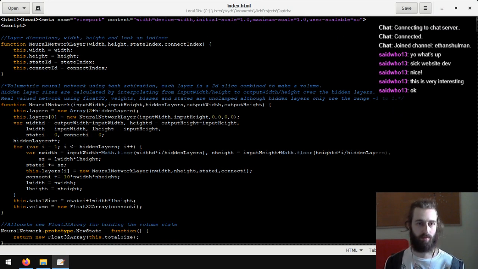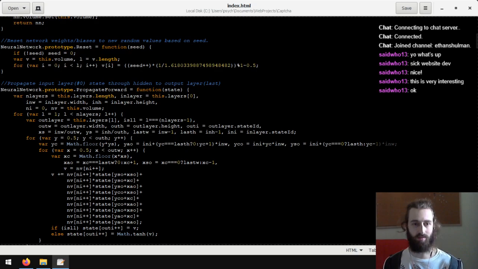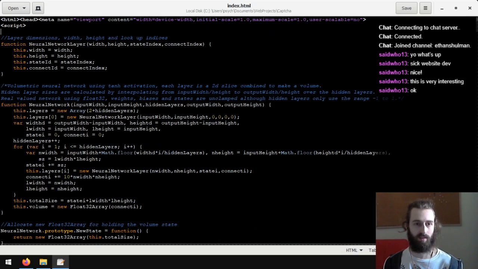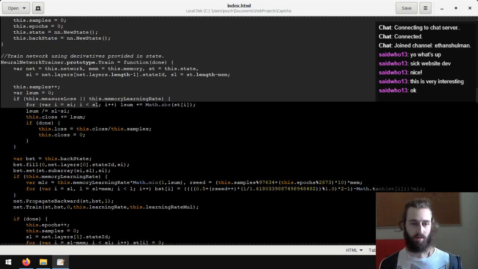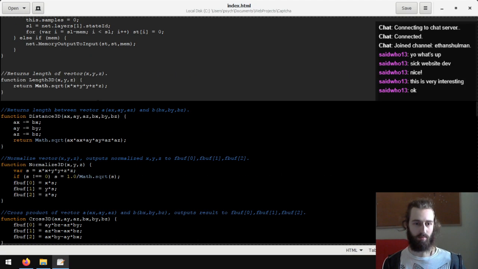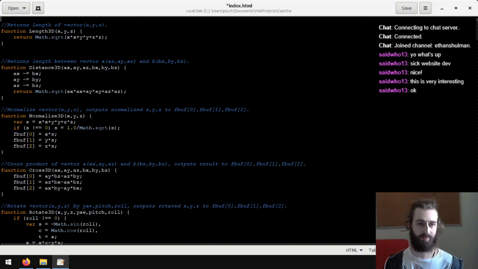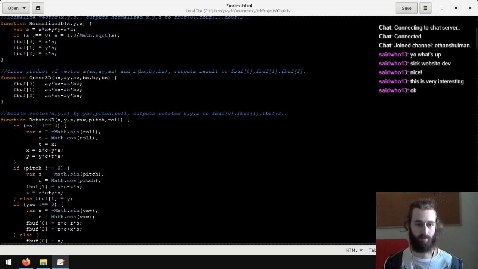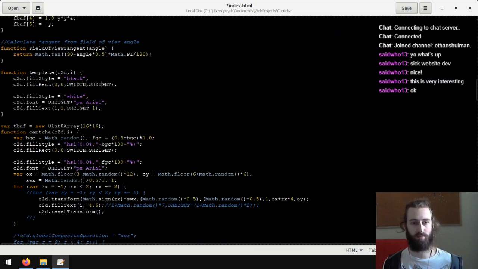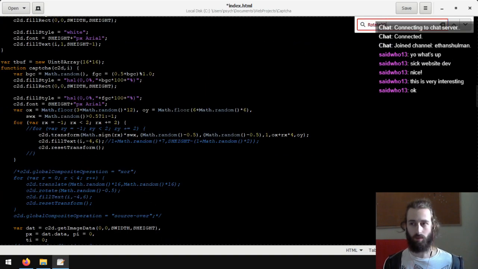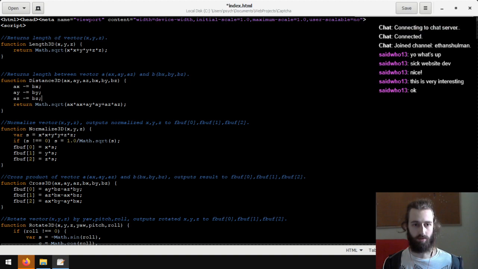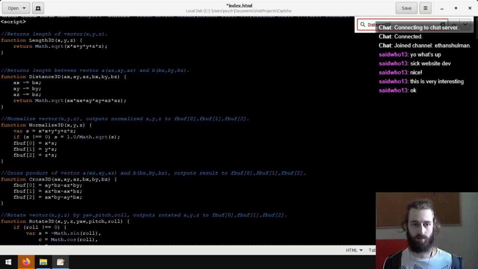And we're going to rip out this old neural network code and write our own. Well, I wrote this too, but we're going to write simpler neural net code. I don't even know if I'm going to do a class. Why do I have these rotate 2D functions? What was I using these for?